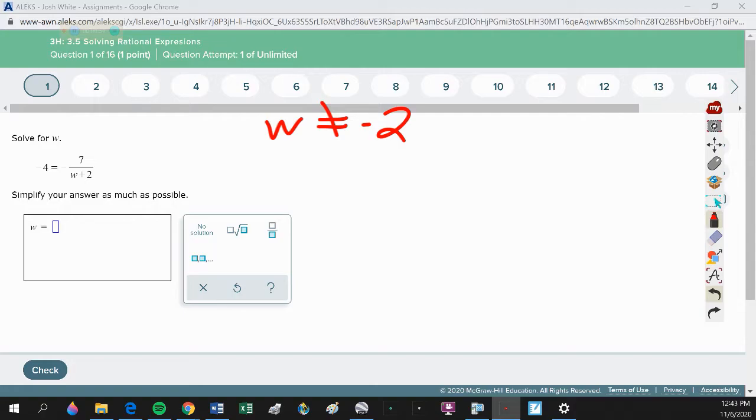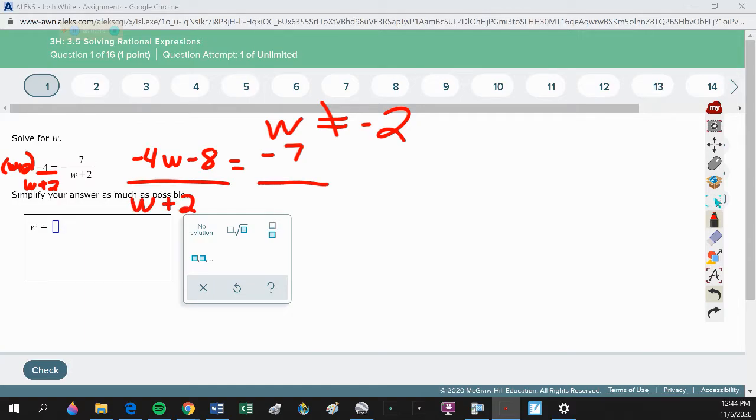If we keep that in mind, we can find a common denominator and then eliminate the denominators. What will the common denominator be? W plus 2. So this one needs a W plus 2. So I have -4W minus 8 is equal to -7, and both of those are over W plus 2.